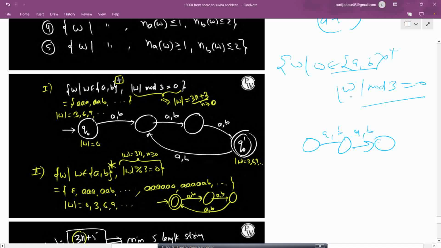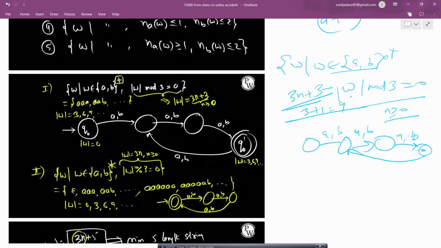So this is 3n plus 3. Alright. How many states do we require? 3 plus 1 is equal to 4. So n is not greater than equal to 0 here. So we will make one more state, a comma b. Alright. If it is 4, and what would be 2, 3, 4, 5, 6, 4, 5, 6, a comma b. This is the case. Yes.